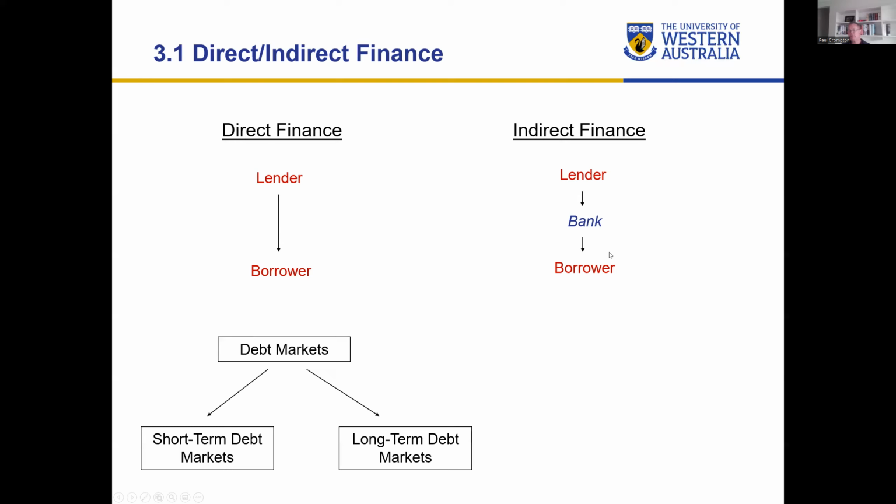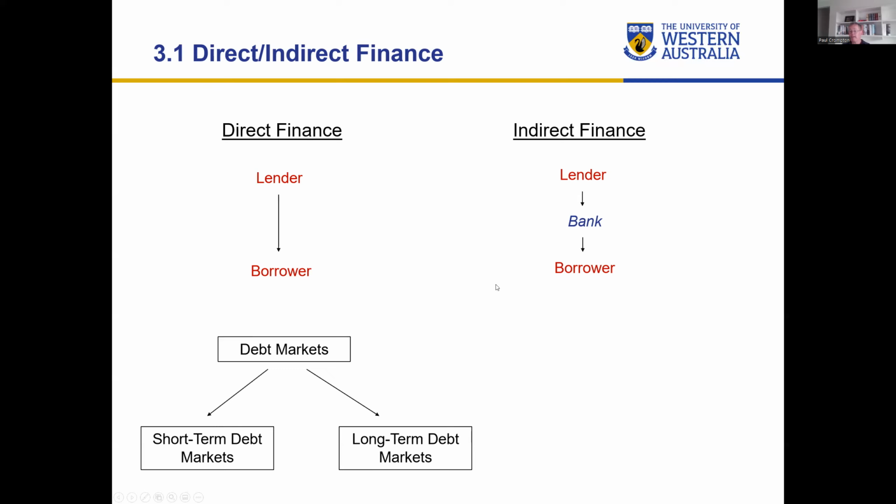Whereas indirect finance is all about people lending and borrowing small amounts and a bank helping those people transact, and is generally called retail money markets or retail banking.